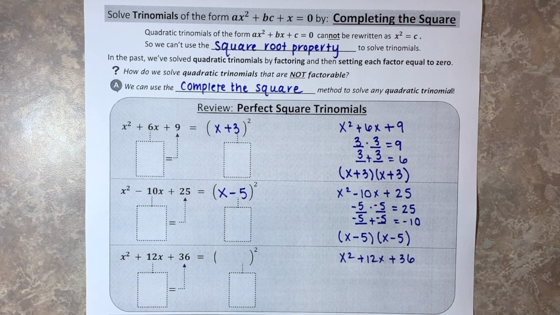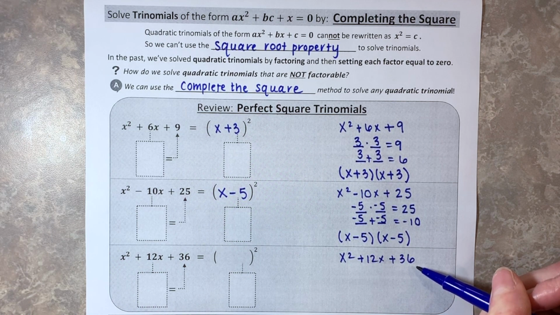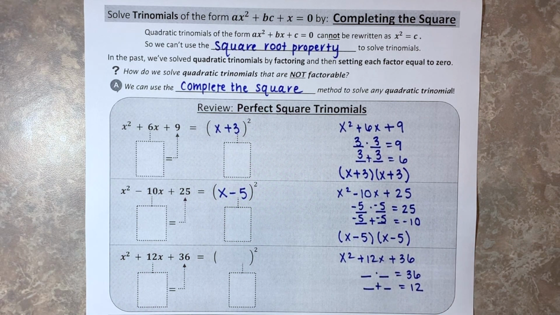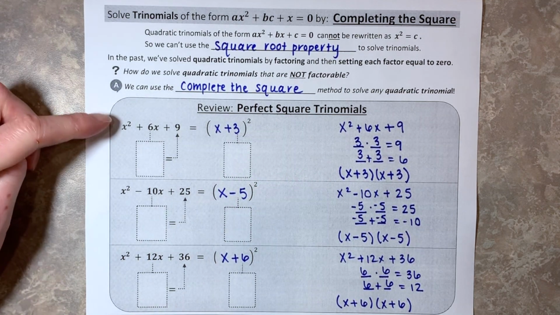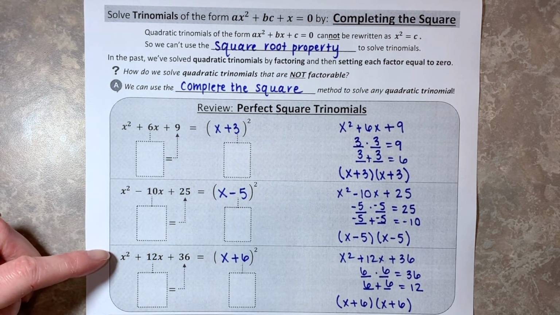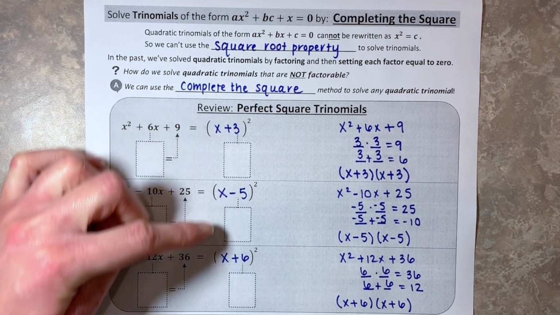We need two numbers that multiply to give us 36, and those same two numbers have to add to give us 12. And the two numbers that work are 6 and 6. So that means we can factor this trinomial as x plus 6 times x plus 6, or the quantity x plus 6 squared. So these are perfect squared trinomials because they can be factored perfectly as some quantity squared.